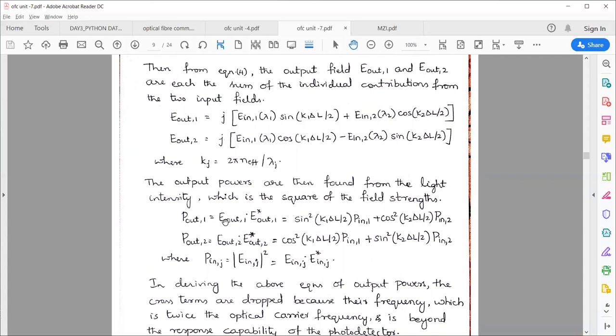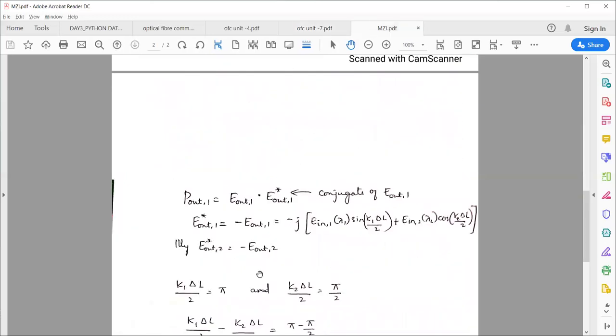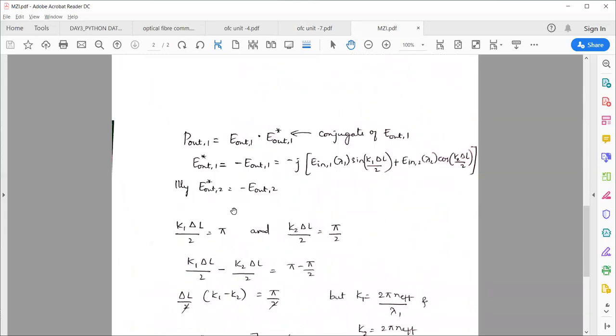So P out 1 is E out 1 squared, or in terms of E out 1 into the conjugate of E out 1. So let me represent what E out 1 is here. P out 1 is E out 1 into the conjugate of E out 1.